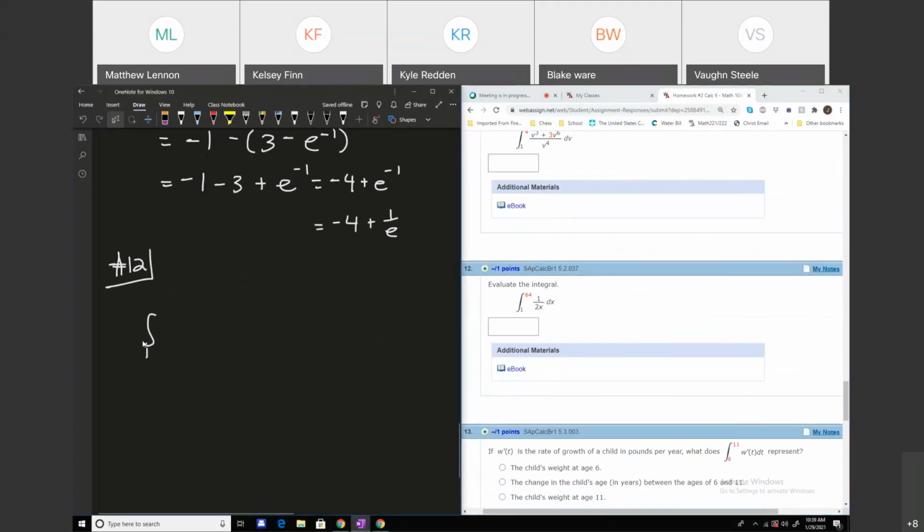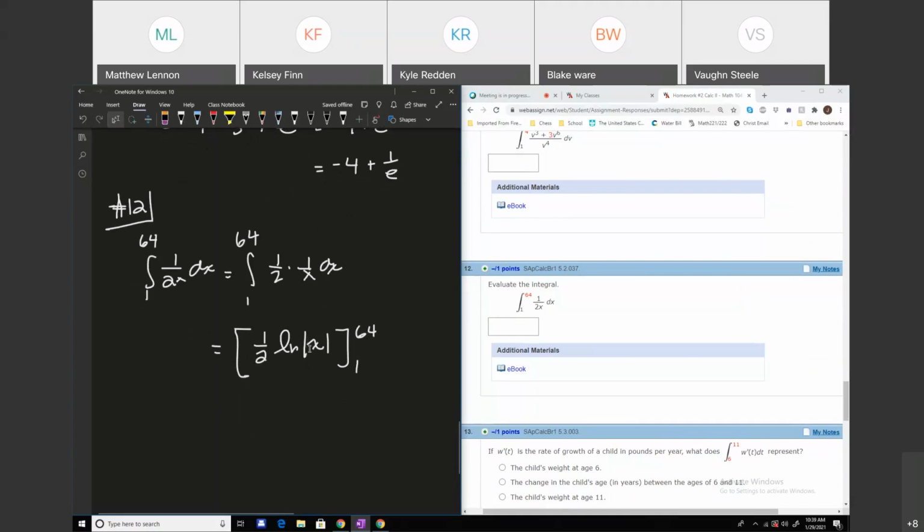So integral from 1 to 64 of 1 over 2x dx. So remember, we want to think about this as 1/2 times 1 over x. So then we would know it would be 1/2 natural log absolute value of x from 1 to 64.